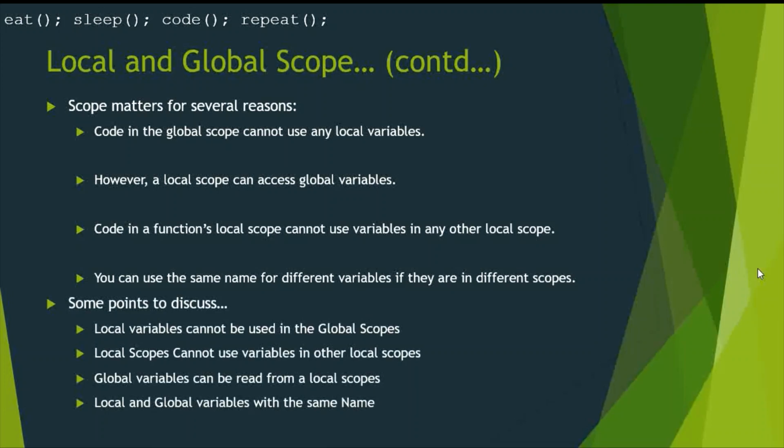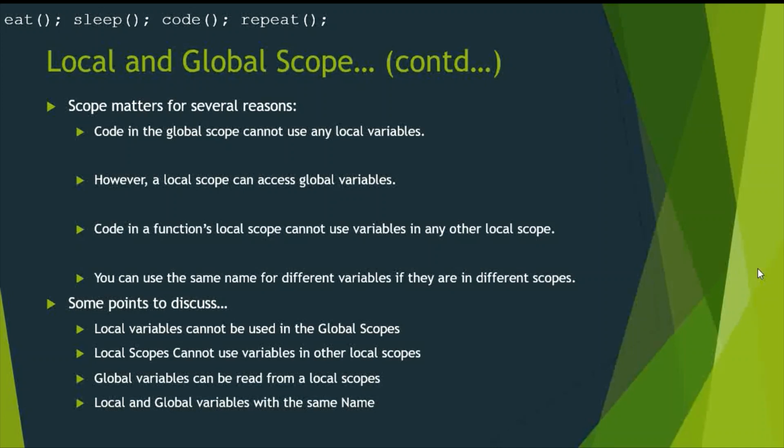Now these are the points that we're going to discuss point by point. The first thing is local variables cannot be used in global scope. Local scopes cannot use variables in other local scopes. Global variables can be read from local scopes.